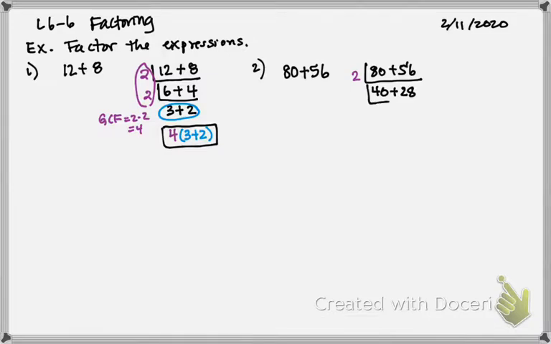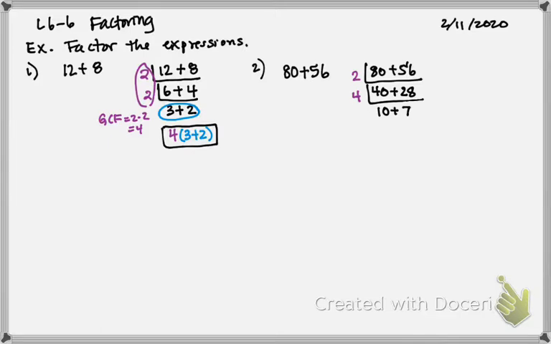Okay, and then you might say, wait a second, 40 and 28, I think 4 goes into both of those, so let's factor out a 4. So let's see, 40 divided by 4 is 10, plus 28 divided by 4 is 7, and then I notice I can't do anything more with the 10 and 7, so that's my hint, I gotta stop.